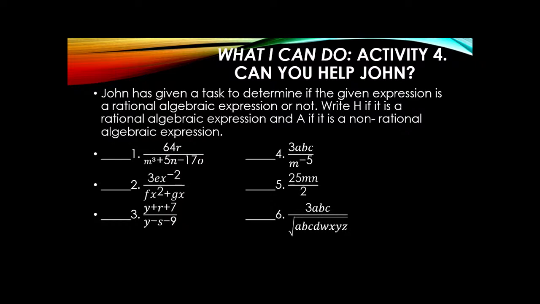So we will just identify and determine whether the given expression is a rational algebraic expression or not. Okay, number 1. 64r all over m cubed plus 5n minus 17.